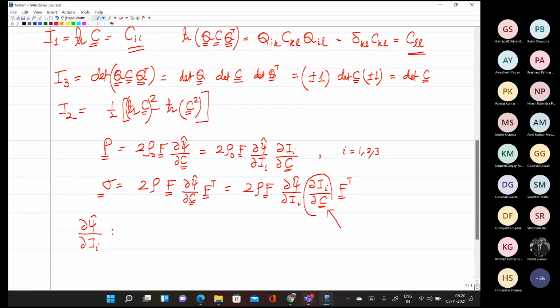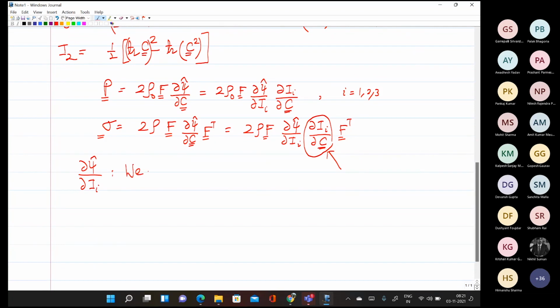For example, this thing is something you can actually find out using kinematics. But del psi hat by del I, those three derivatives, you have to know the actual functional form of psi hat. So we haven't yet gotten the actual functional form of psi hat, but at least we could say that psi hat only depends on those three arguments. Okay. So let us see what will this del I by del C, for example, will be.